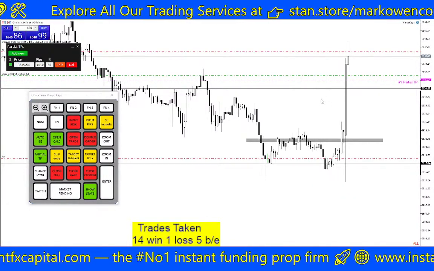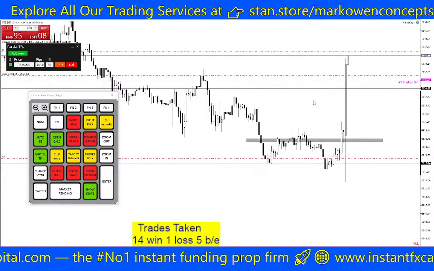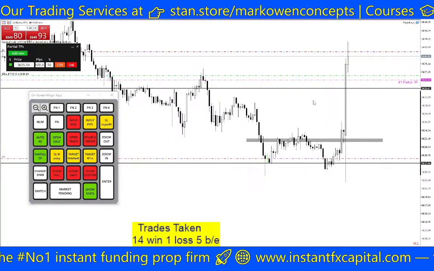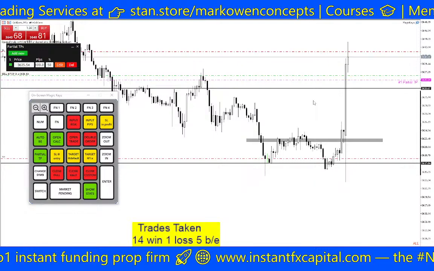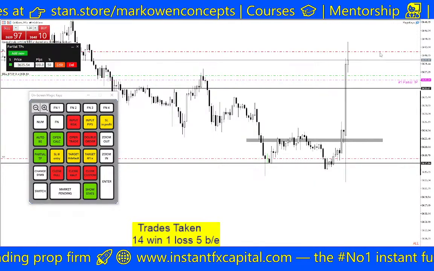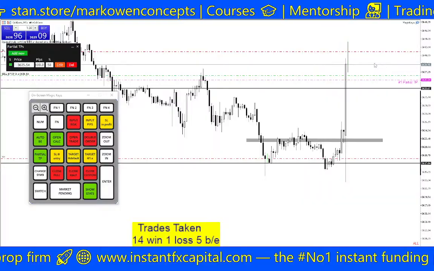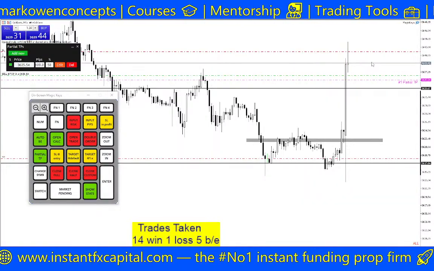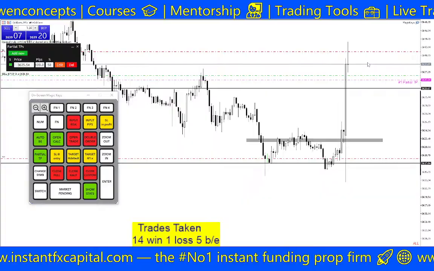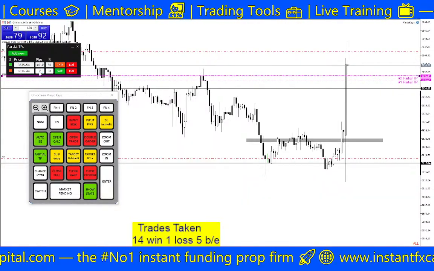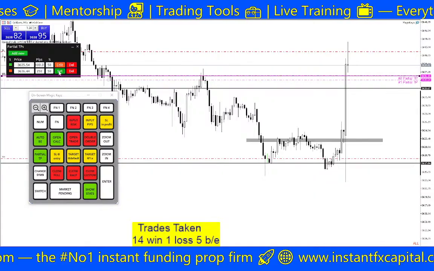so let's see what happens here because we've got about 6 minutes. Maybe we will trigger. Oh, could we get the move we're looking for? Let's just put another one in just in case. 250.